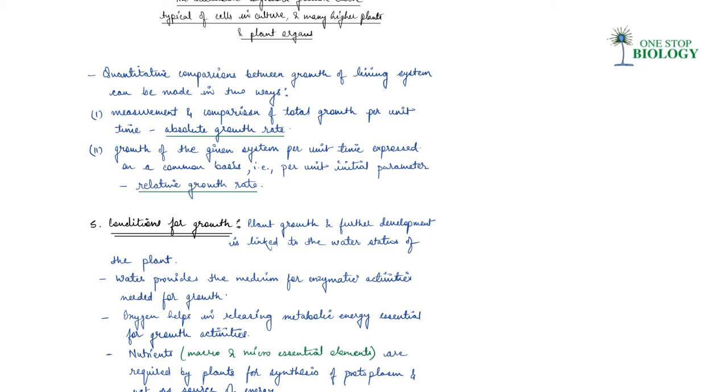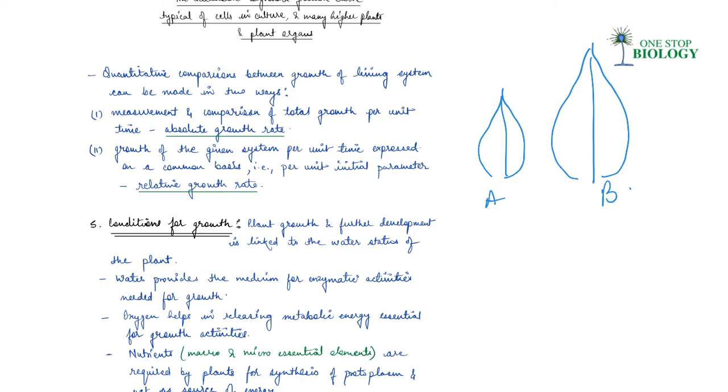Say, for example, per unit initial parameter. Now, as I gave the example, say there are two leaves, A and B, right? These are of different sizes, but show an absolute increase in area, right?